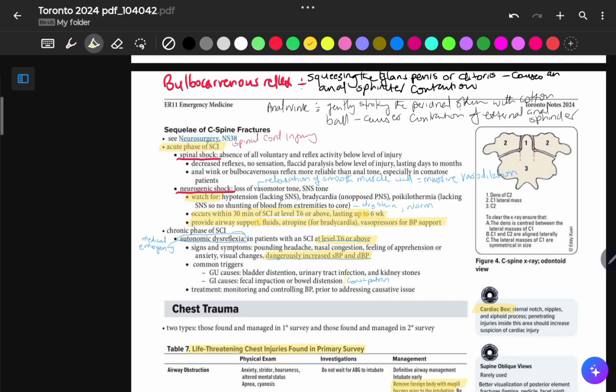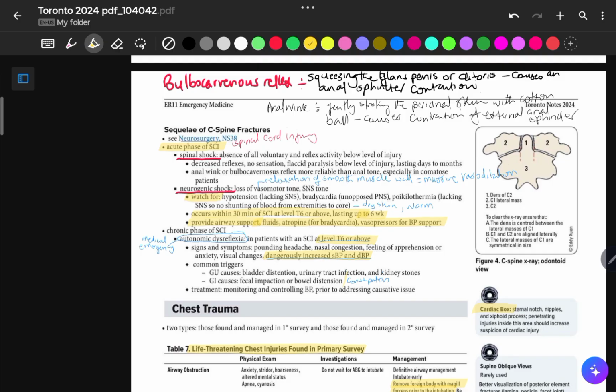We're going to talk about what can happen in the chronic phase of a patient with spinal cord injury. They can have an autonomic dysreflexia. So an autonomic dysreflexia is a medical emergency. This occurs when a patient had a spinal cord injury at a level of T6 and above, right?